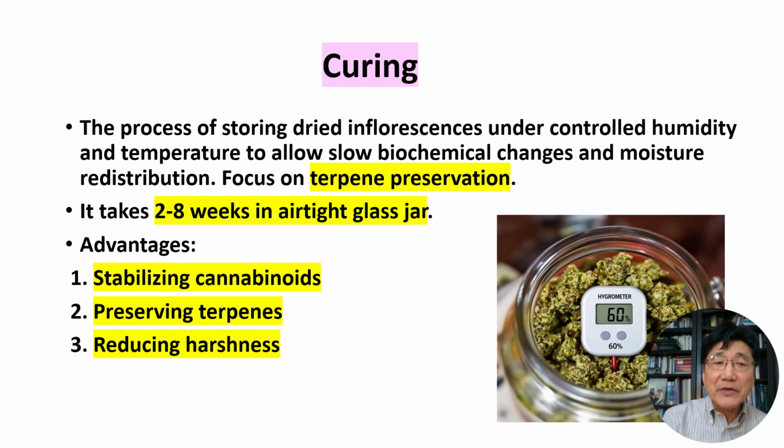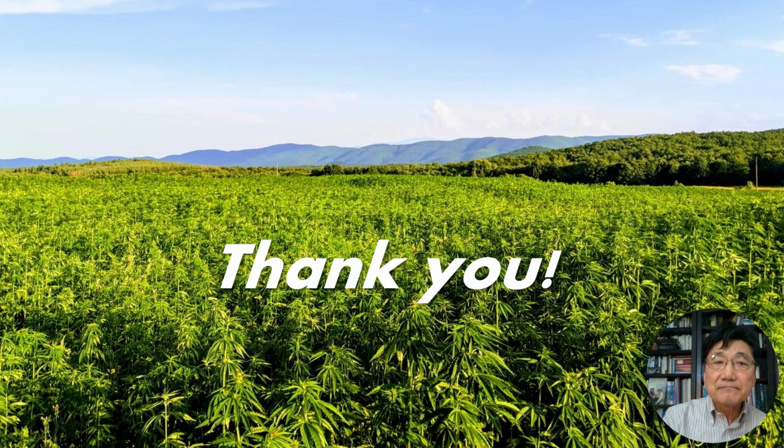It limits the transformation of cannabinoids, such as the degradation of THC to CBN, and prevents volatilization and oxidation of terpenes. Curing is a second-stage drying process. It reduces microbial risk under proper relative humidity.